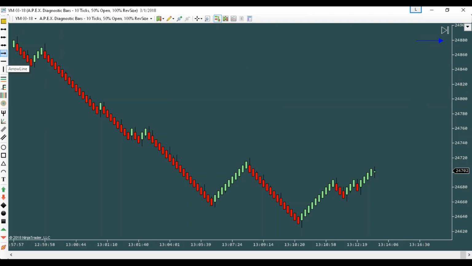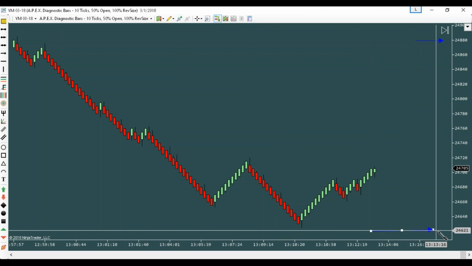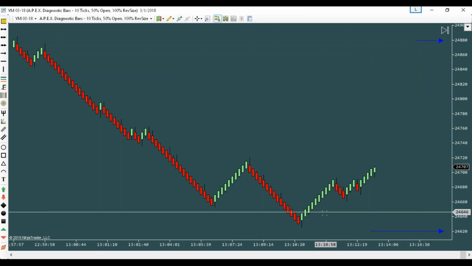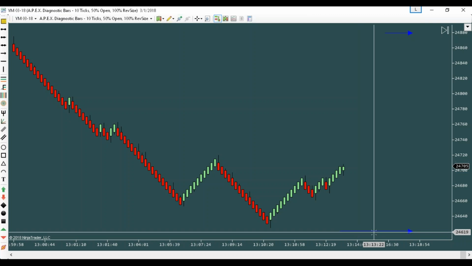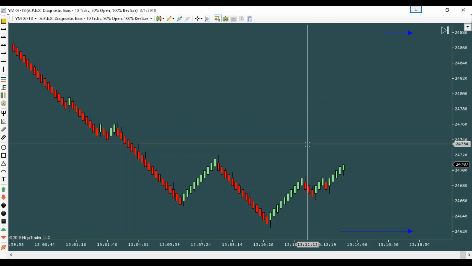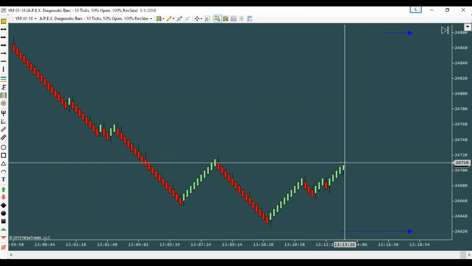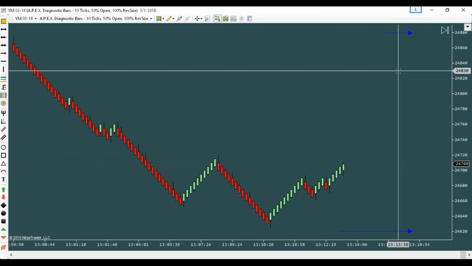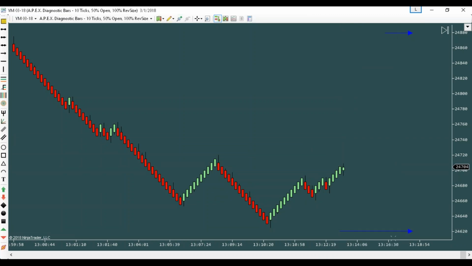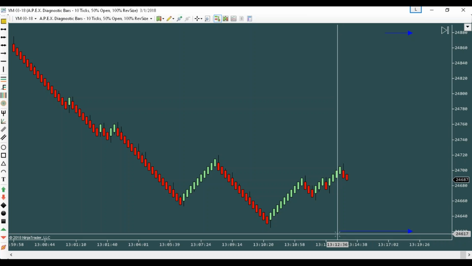What if I had a binary that I could buy down here for about $75, saying that the market will expire greater than this level? Well, the market's already above this level, right? So if the market were to go up, then this binary would expire profitable, worth $100, right?